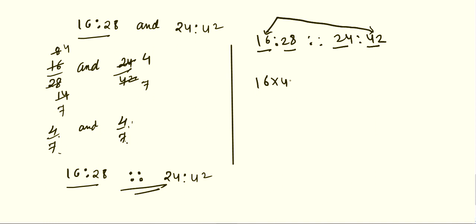So 16 into 42 equals to product of mean terms, 28 into 24. Now 16 into 42 you will get 672, and 28 into 24 again you will get 672. So as you can see these two are equal. So yes, they are forming a proportion. So now you can solve question number 1. One more question which is 5th.